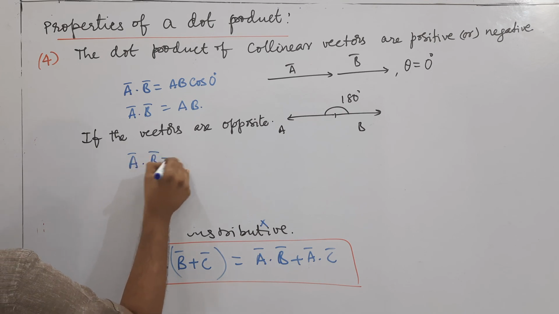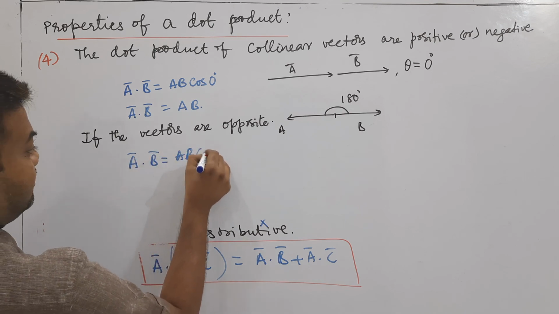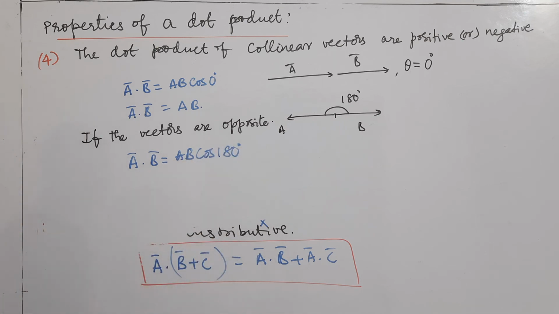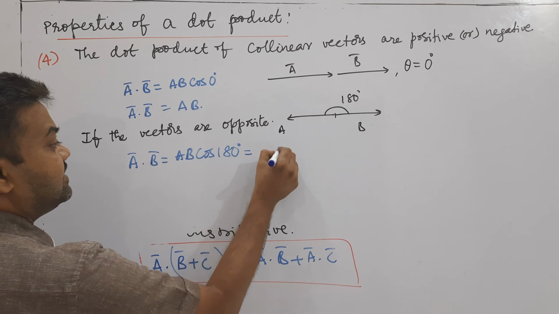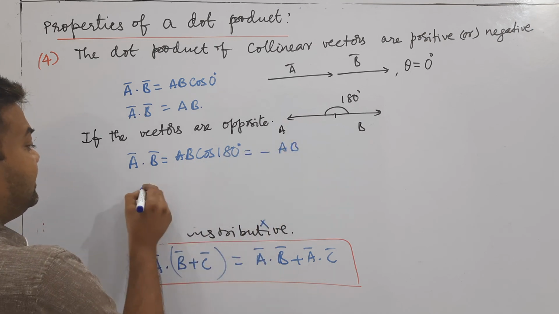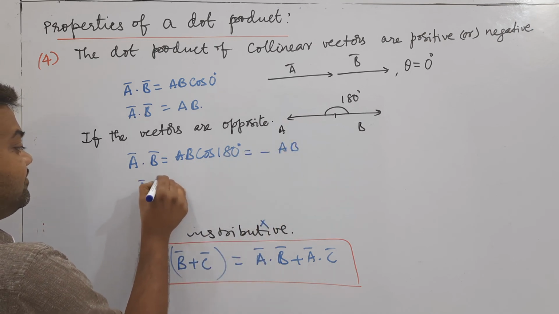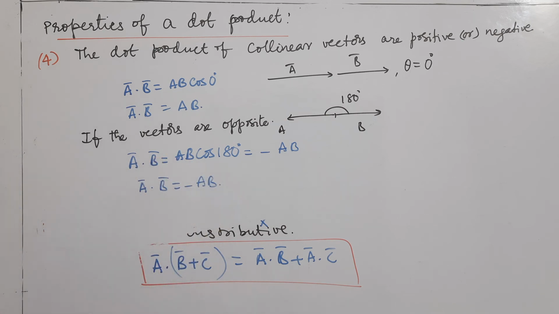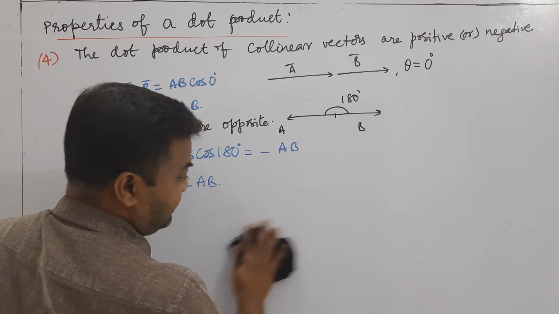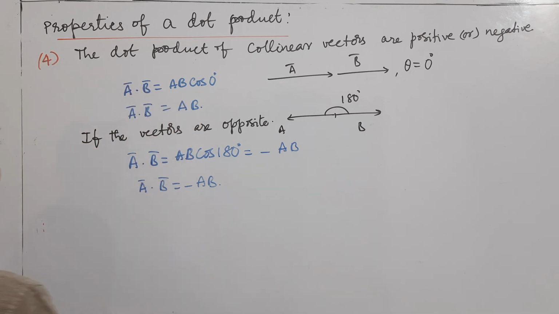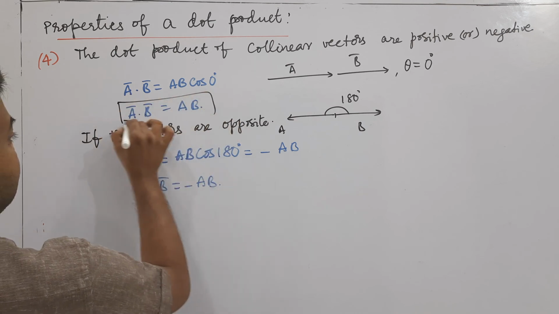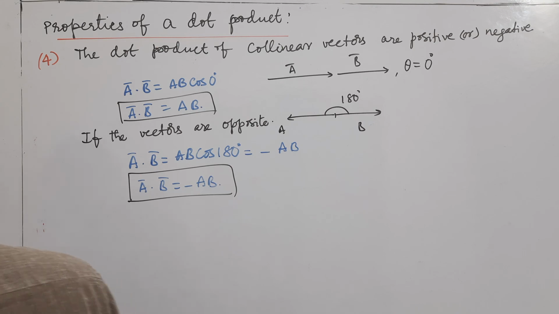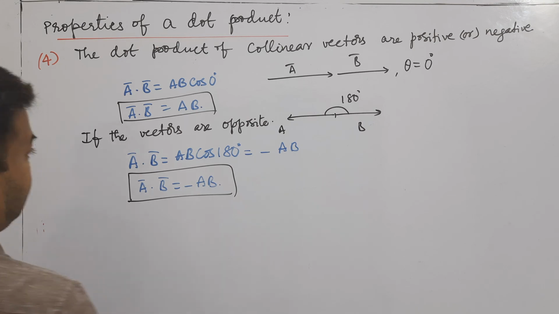A bar dot B bar is equal to AB cos 180. What is cos 180? That is minus 1. That's why we can write A bar dot B bar is equal to minus AB. If two vectors are in the same direction, A bar dot B bar is equal to AB, but here it is minus AB. That we can also have.